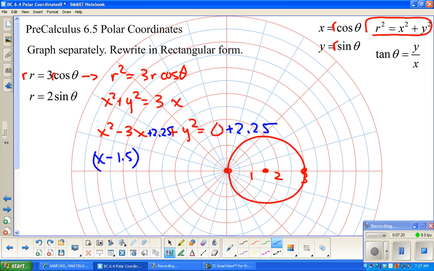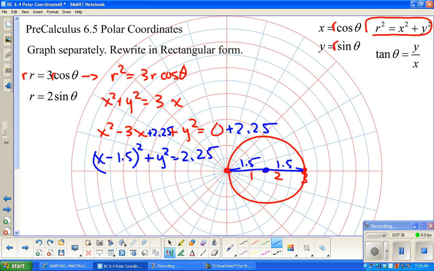X minus 1.5 squared plus y squared. So the center is at 1.5, 0, and a radius of 1.5. Hey, look, there's a radius of 1.5.